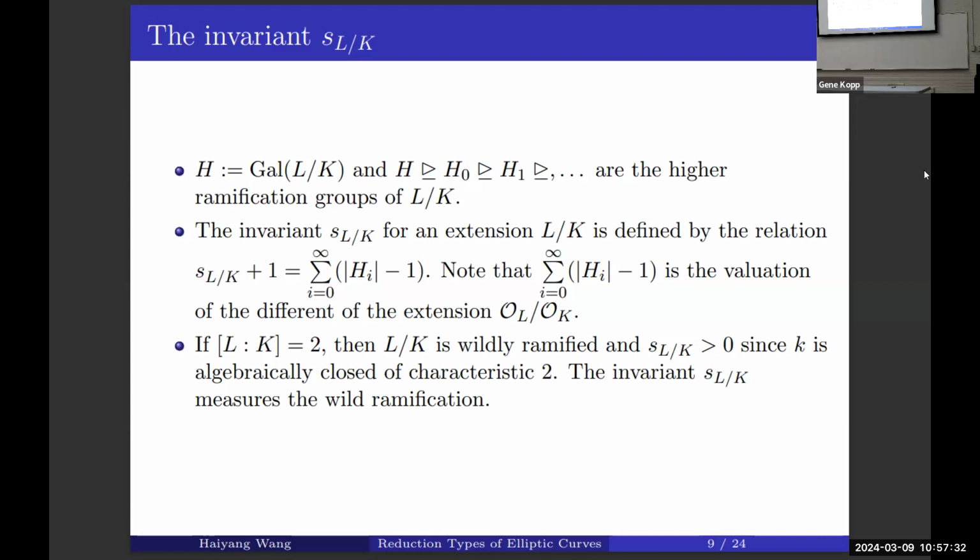If L over K is quadratic, then the extension L over K is wildly ramified. This invariant S_{L/K} is greater than 0, since here we are assuming that the residue characteristic is 2. The invariant S_{L/K} mirrors the wild ramification of the extension L over K.